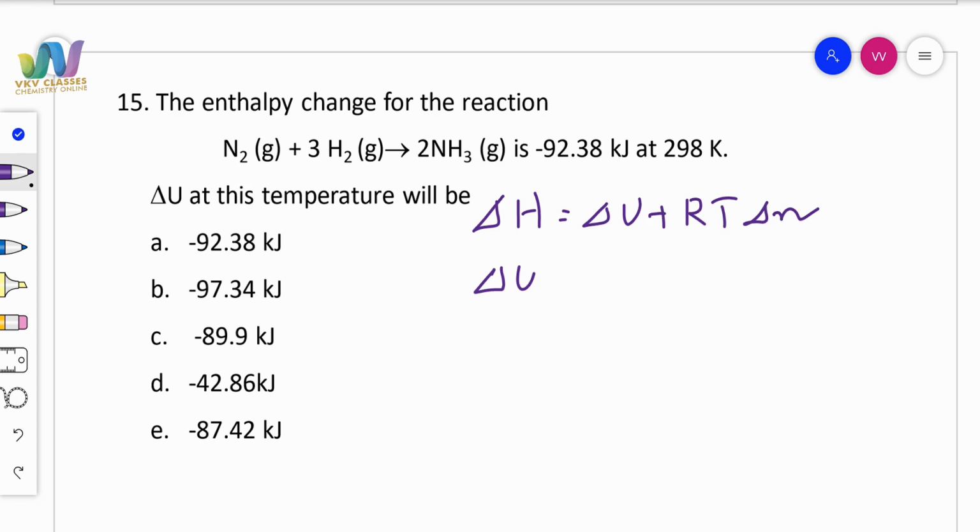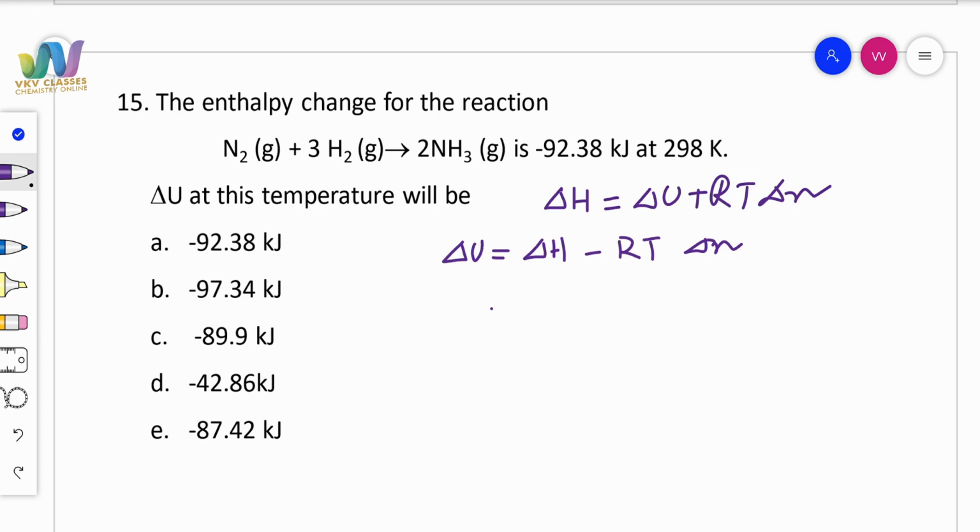Here you are asked to calculate delta U. So delta U will be equal to delta H minus RT delta n. So this will be equal to minus 92.38 kilojoules minus R, 8.314 joules, which you are dividing by 1000 for converting it to kilojoules.